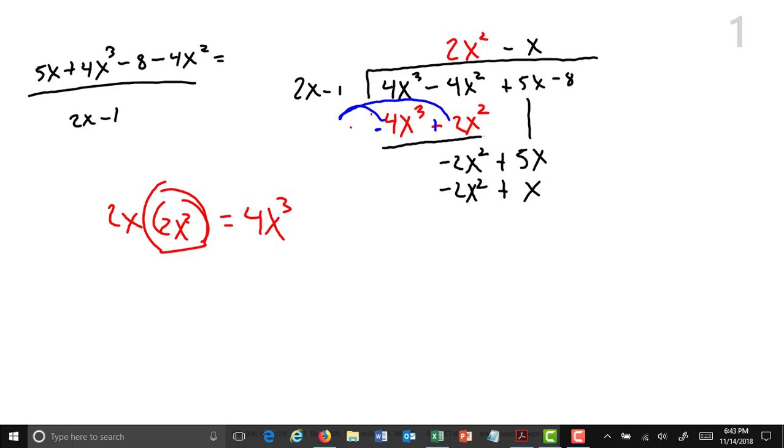But remember, the signs are going to change. Then I'm going to add. This became a plus. So what do I have left here? I have 5x, but I subtracted 1. 4x, and then I bring down the minus 8.